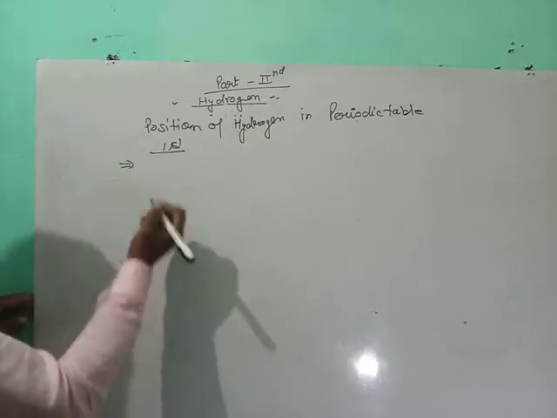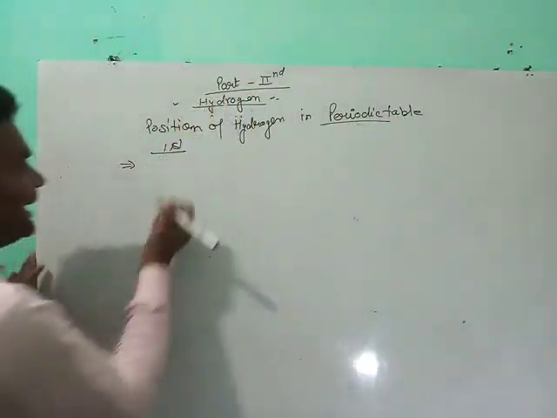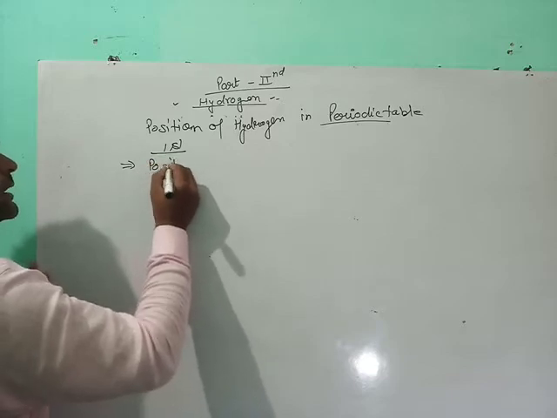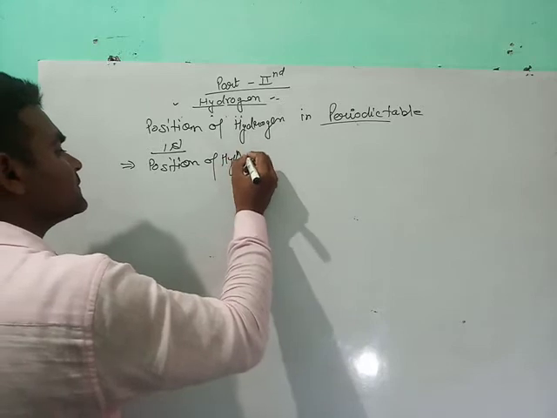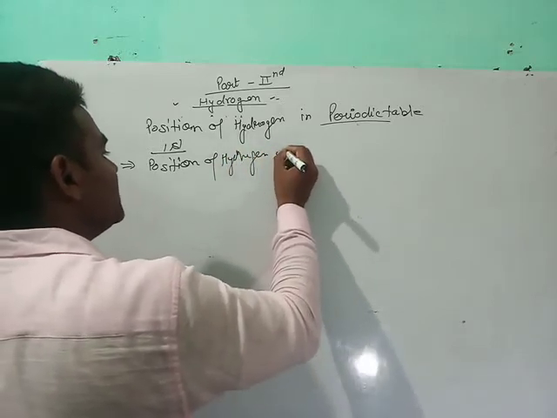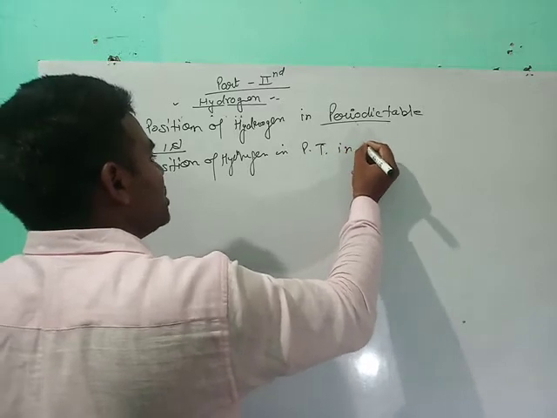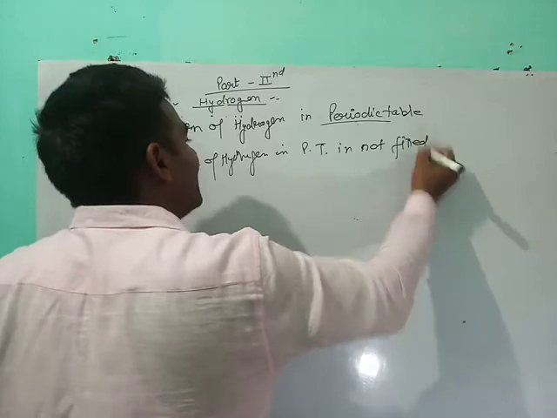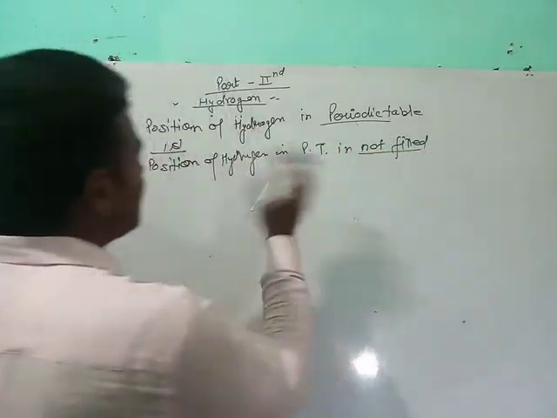We read the demerits of all periodic tables as we read that the position of hydrogen in the periodic table is not fixed. What do you mean by this line? Not fixed, the position of hydrogen.